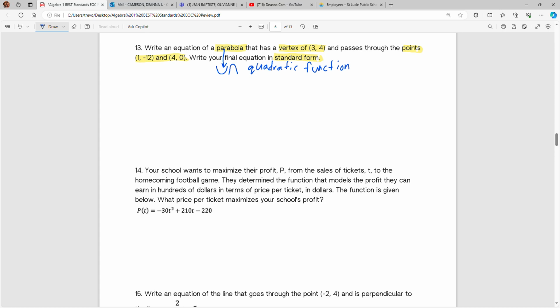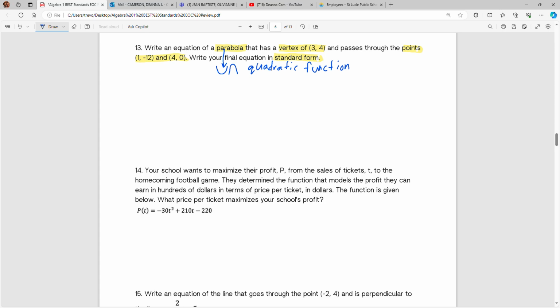And they've given us the information to write a quadratic function in vertex form. So when you look at the reference sheet for quadratic functions, this is the second formula.